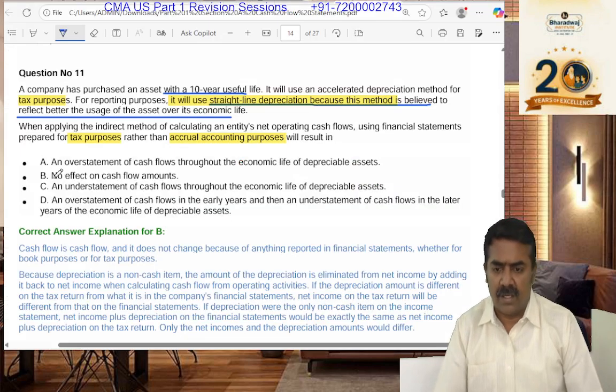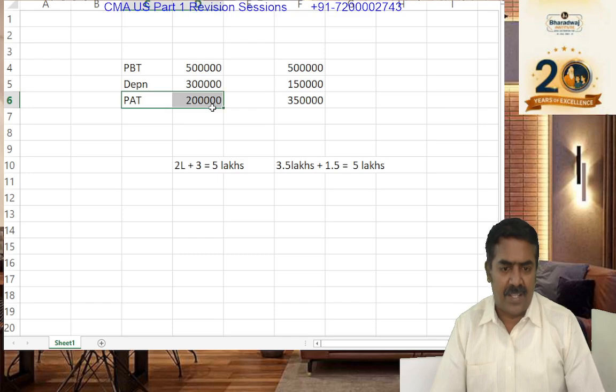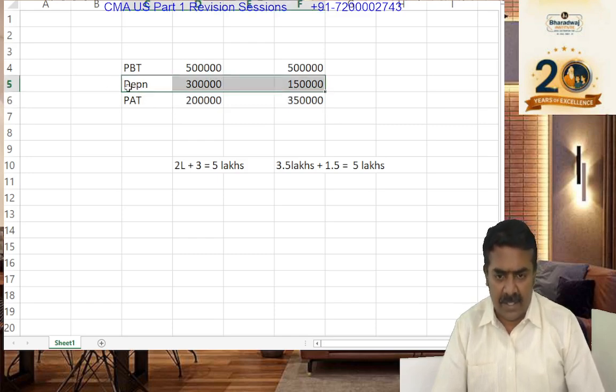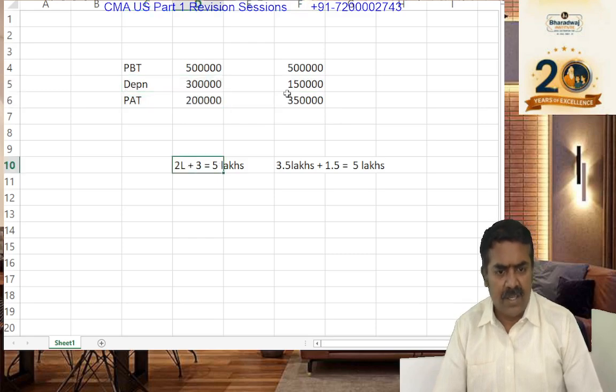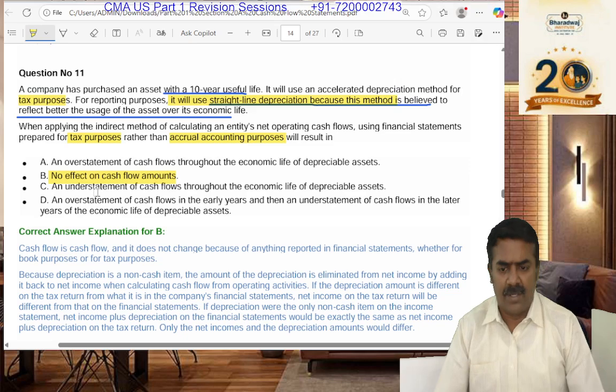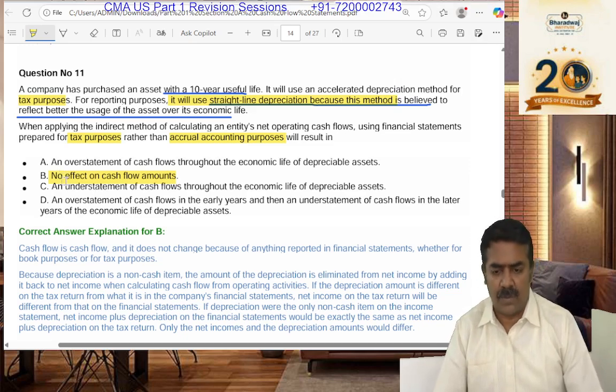So it will not cause any what? No effect on cash flow amounts, because PAT gets altered according to the depreciation. So when we add back depreciation as per tax record with 2 lakhs, it is 5 lakhs. As per accounting record, profit with depreciation will give us what? Same. So there will be no effect on which one? Cash flow amount.